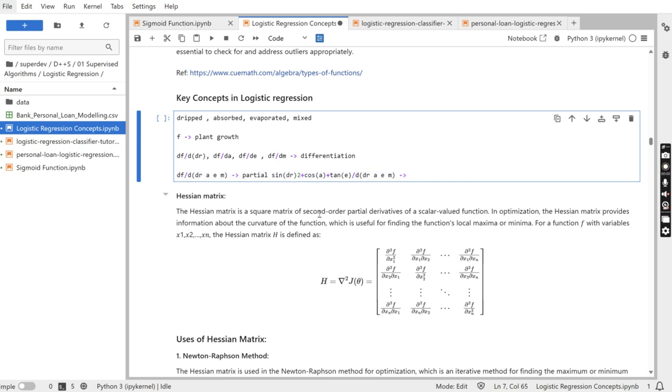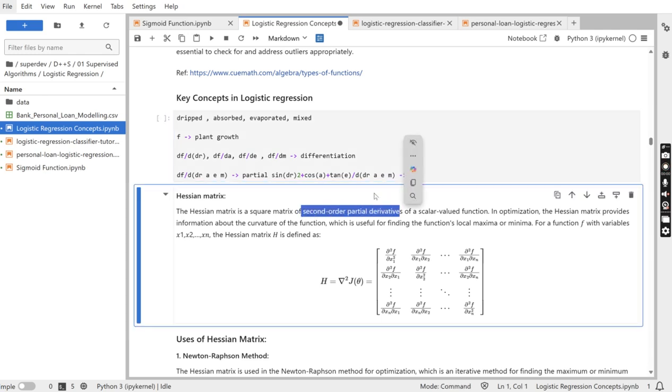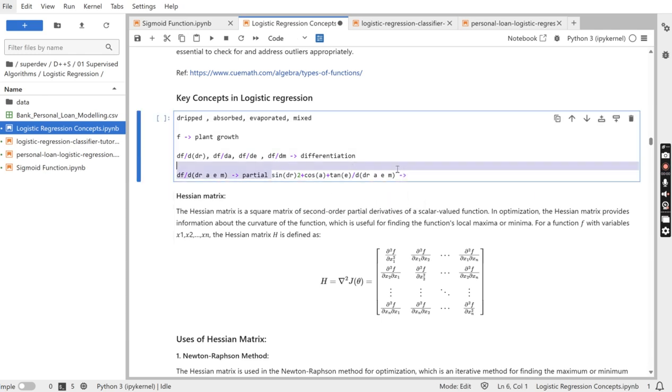Second order partial differentiation means first you differentiate this one. What is the differentiation of sine of x? Cos of x, right? Sine x gives cos x, cos x gives minus sine x. Anyway, never mind. If you differentiate only one term, sine squared x, you can take this as x to the power n.